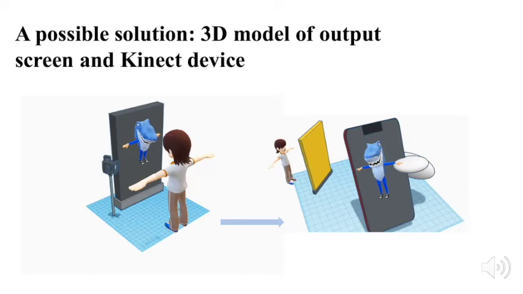The first part is the 3D screen, which is standing in front of this little human. The second part is the camera device, which is on the right side of the screen. And the third part is the cell phone app, which can be downloaded on visitors' cell phones.